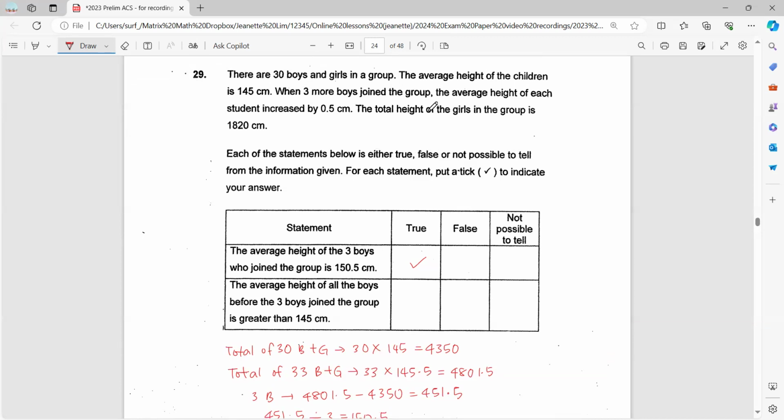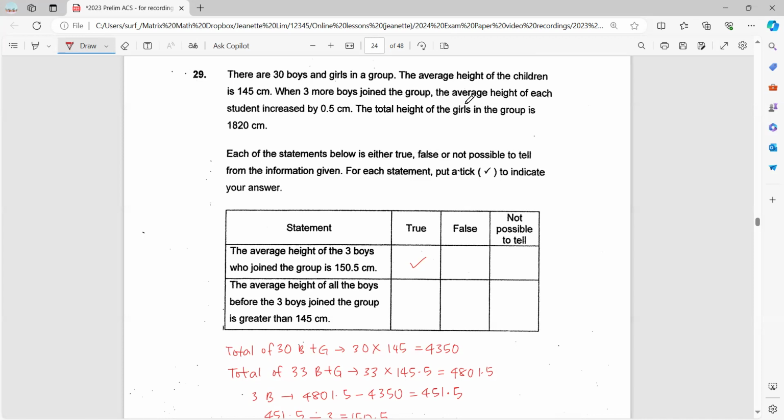Okay, so the total height of all the girls is 1820. This can help bring the average up or down, but we are not able to tell because we do not have the number of girls.